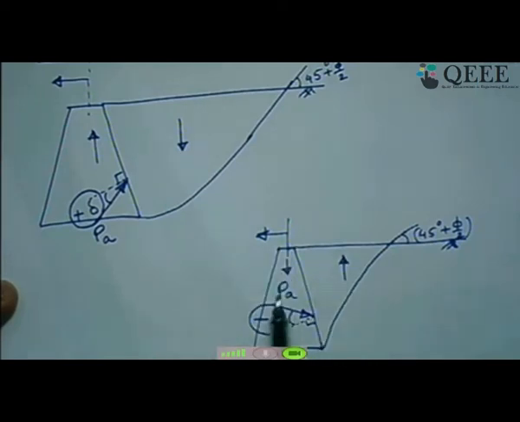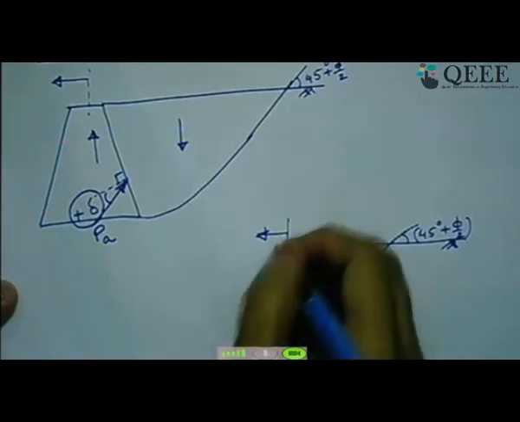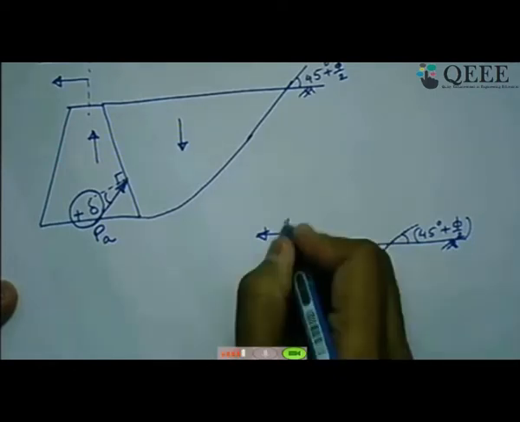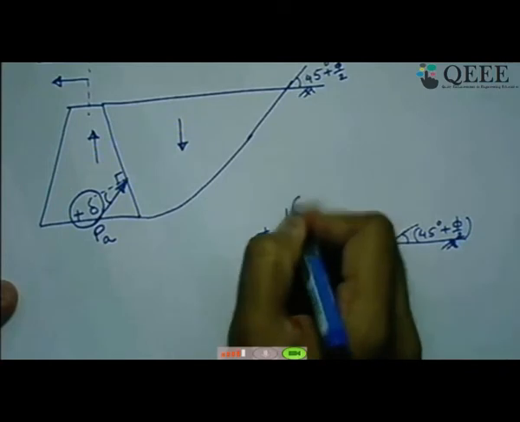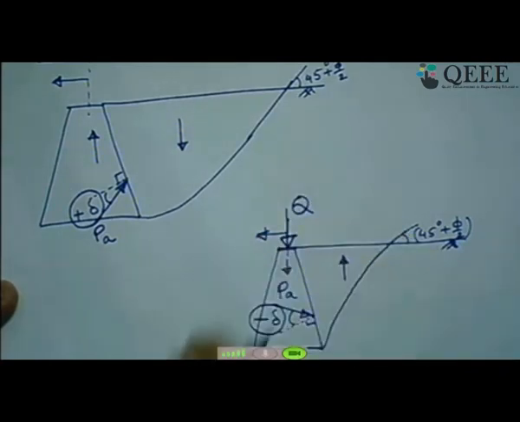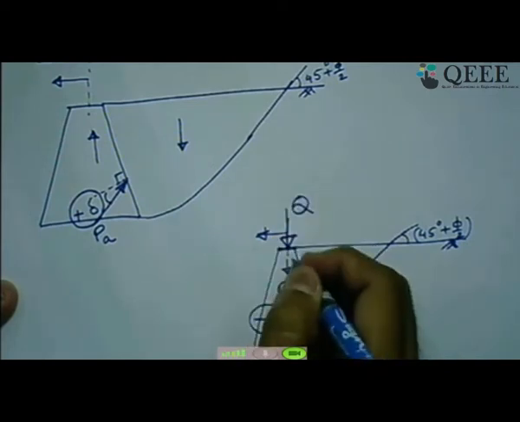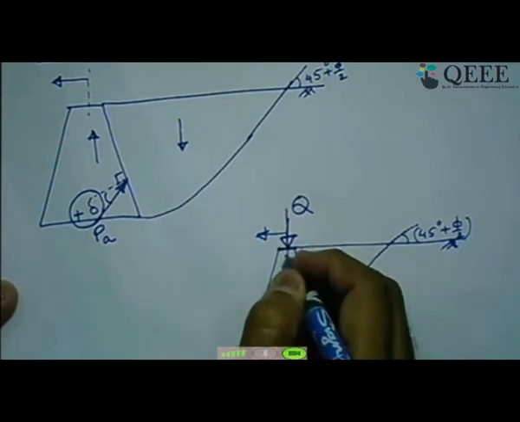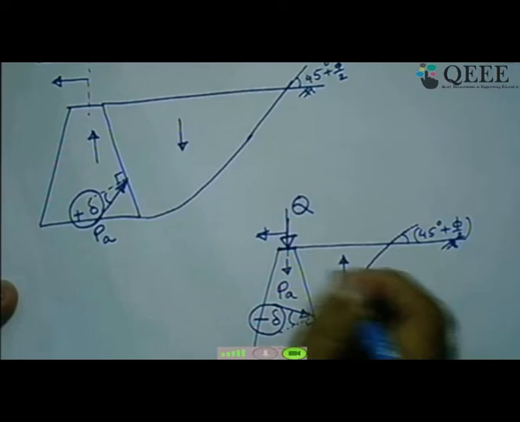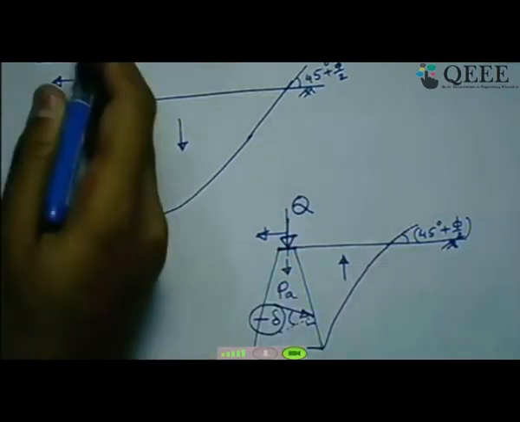Now depending on your upward and downward relative movement between soil and wall, what type of friction angle, whether positive or negative, is acting, that gets decided. When this kind of situation happens, suppose on top of your wall you are putting some additional line load, say Q. Suppose you have constructed a road on top of it, or a monorail, or you have put some kind of additional extra load which forcefully makes the wall go down rather than the conventional active state where wall moves up.